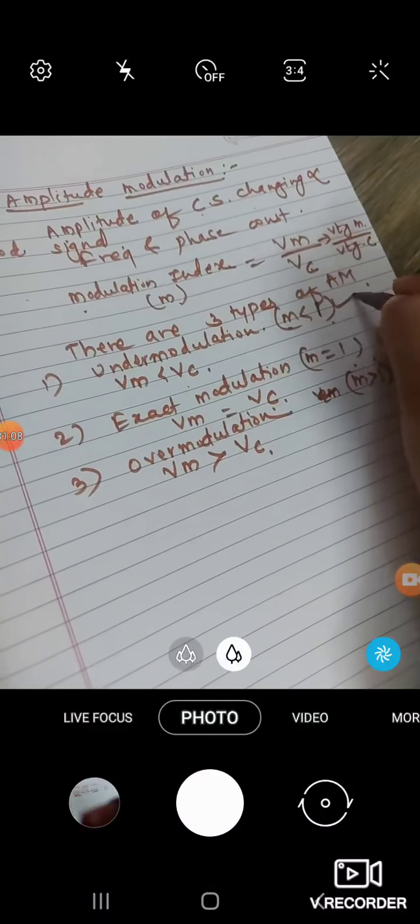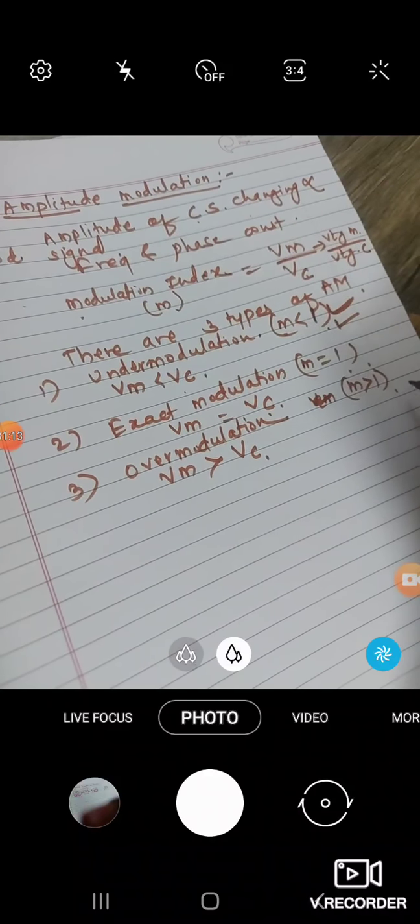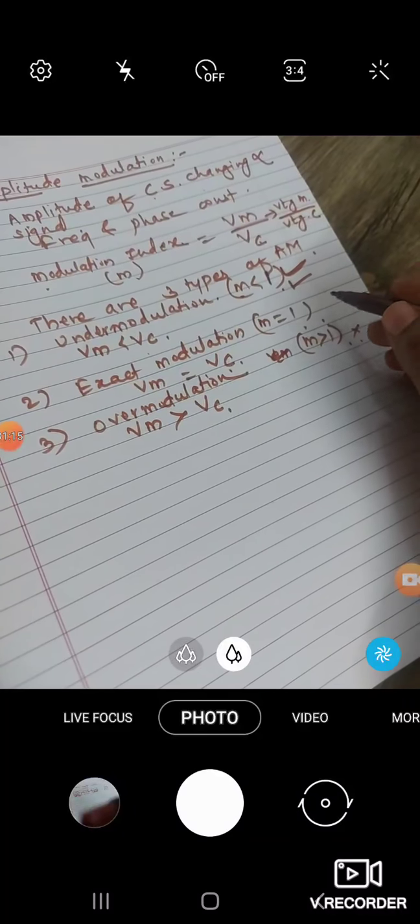Now out of these three conditions, the over modulation condition is avoided in communication.